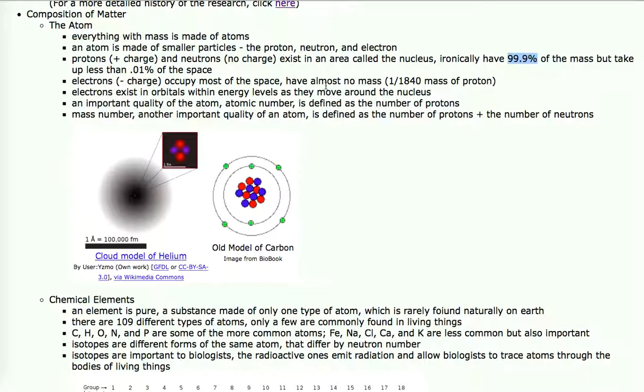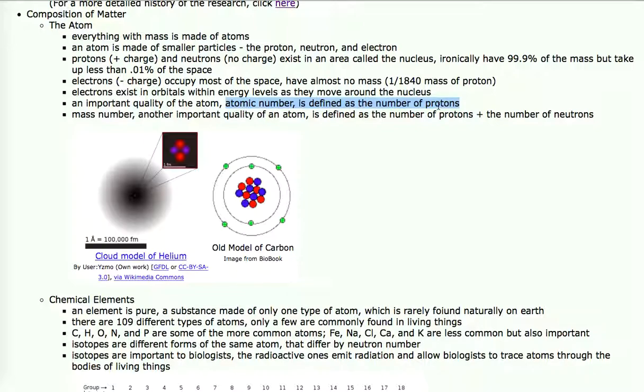So electrons, if you remember from last year, exist in orbitals, and electrons like to move around among different atoms, forming bonds between different atoms. We don't need to go into the details, but atomic number is the number of protons in an atom, and that's a really important quality of an atom. The atomic number is what makes an atom an atom.